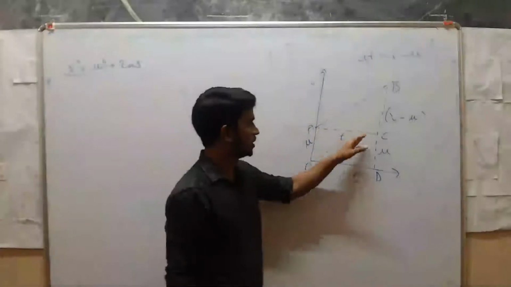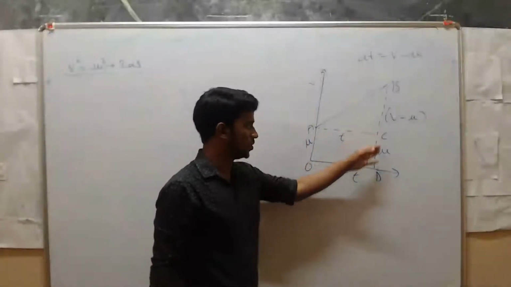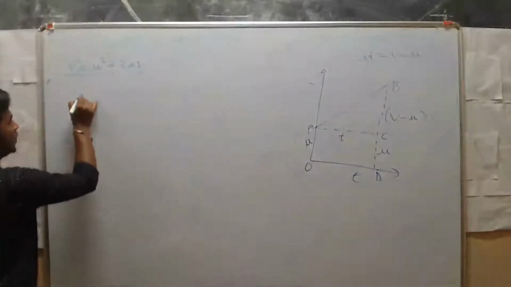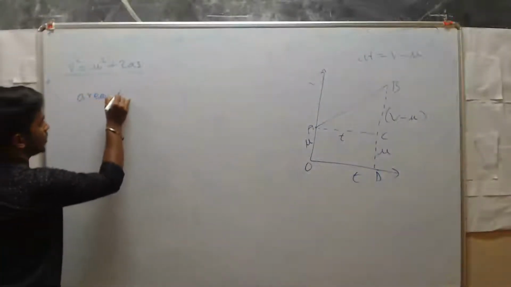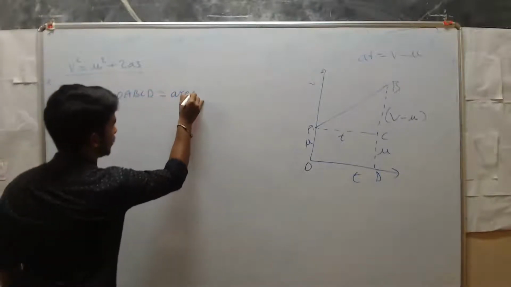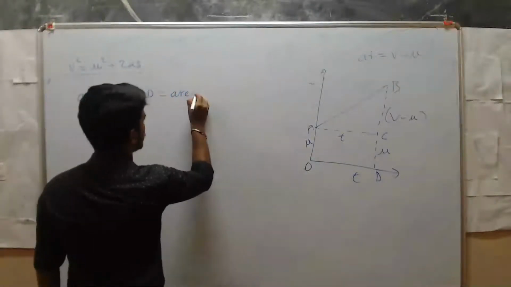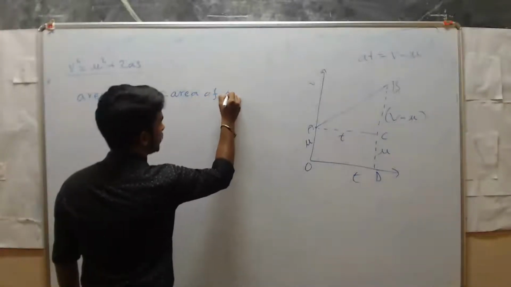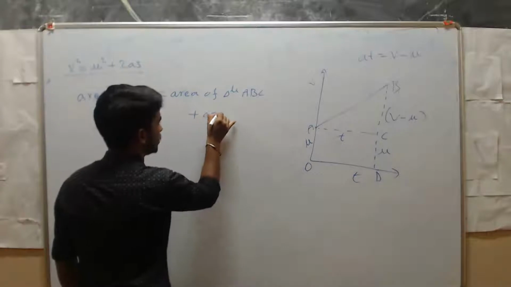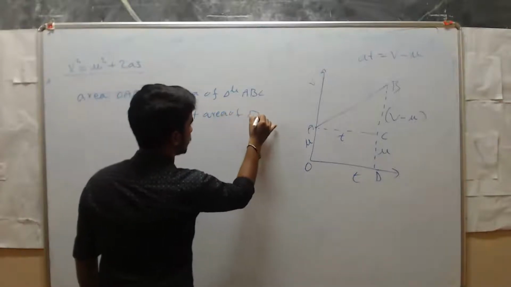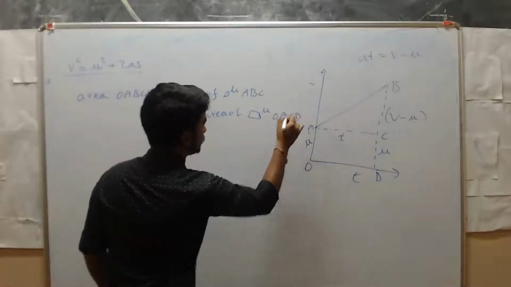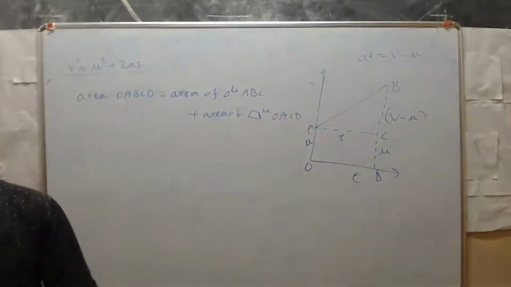Below this line, our distance or displacement is equal to the area of OABCD, which equals the area of triangle ABC plus the area of rectangle OACD.